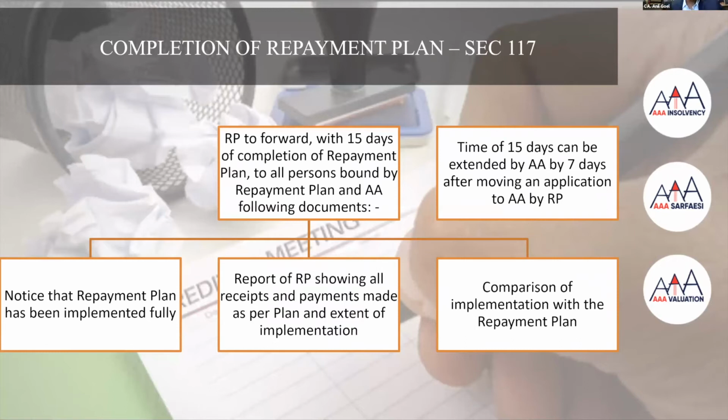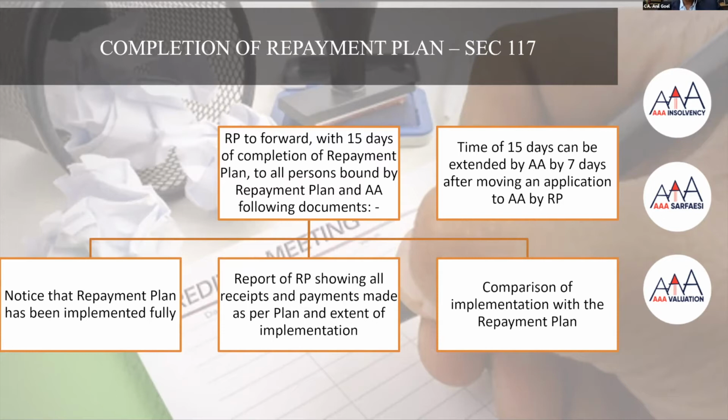Now, once the repayment plan is being implemented, there can be 2 scenarios. One, the completion of the repayment plan, which is dealt by section 117. In case the repayment plan is completed successfully, RP to forward within 15 days of the completion of the repayment plan to all persons bound by repayment plan and AA these documents.